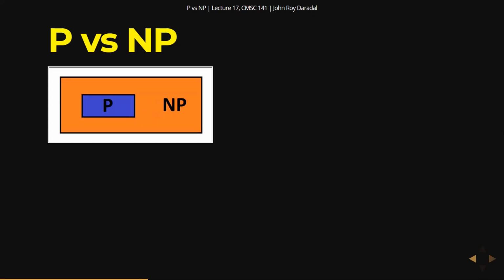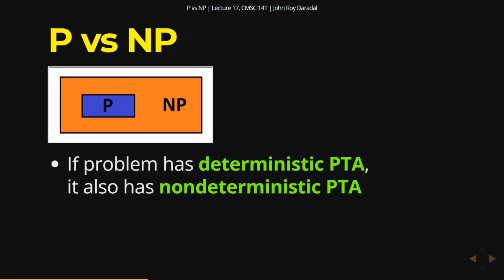Actually, the real diagram for P and NP is something like this. P is inside NP. If a problem has a deterministic polynomial time algorithm, then it also has a non-deterministic polynomial time algorithm, right?